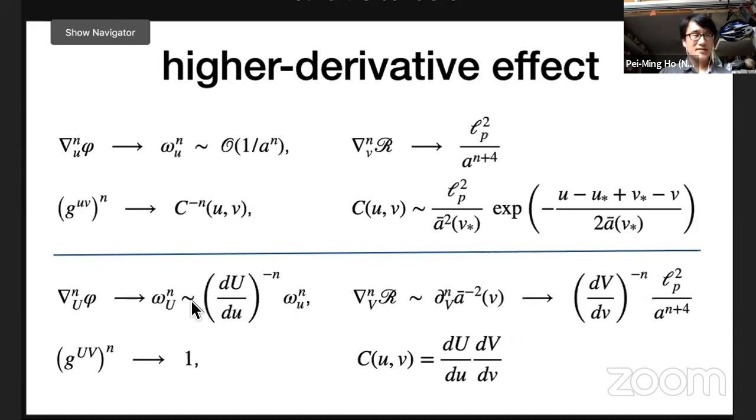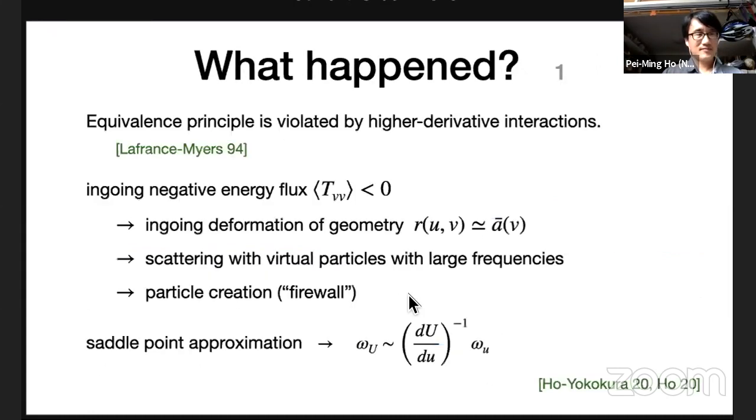Of course, you may say that I shouldn't consider a frequency so large. You might say that before you get a very large invariant quantity, the effective theory should become invalid. But before that, there would already be particle creation. So what happened is just that the equivalence principle is violated by higher derivative interactions.